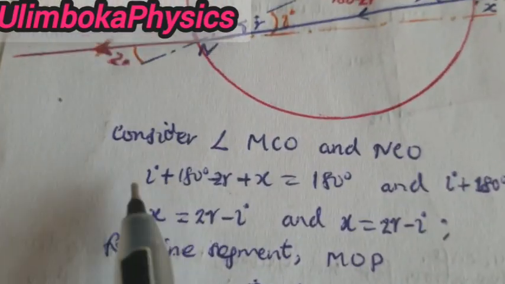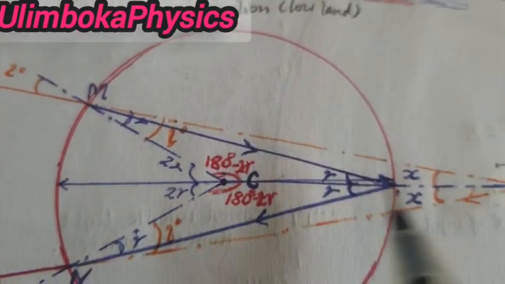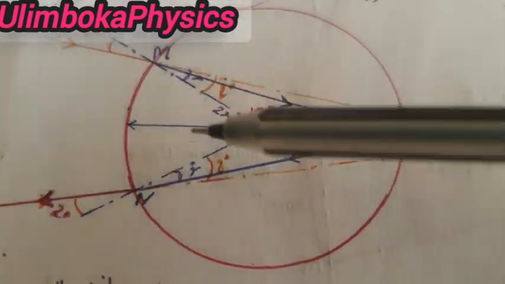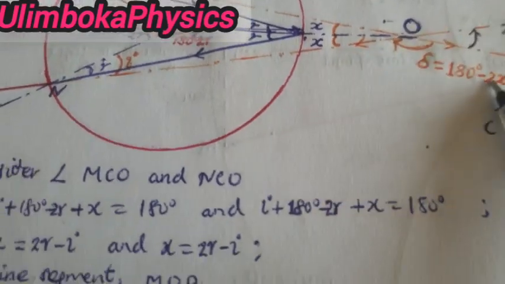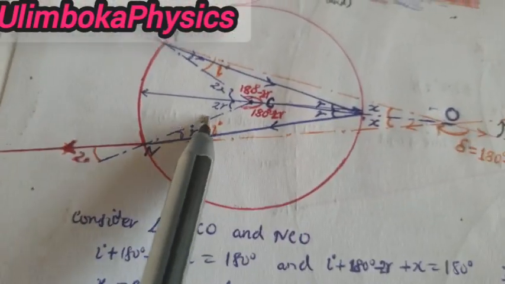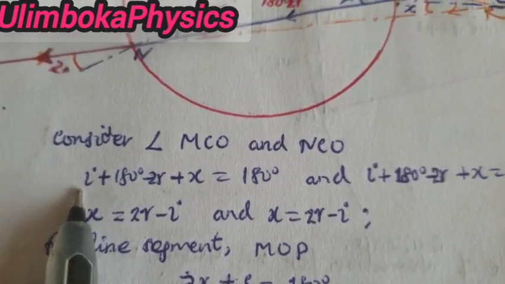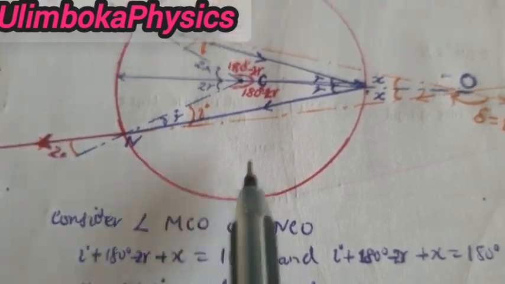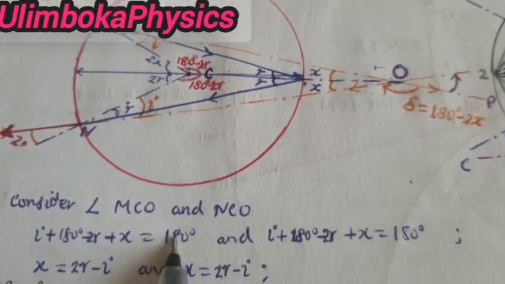Okay, let us consider the triangles MCO and NCO. We use these two triangles so that we can relate the deviation angle, the incidence angle, and the refracted angle. Now we consider these triangles and sum the angles within one of the triangles, which is equal to 180 degrees.